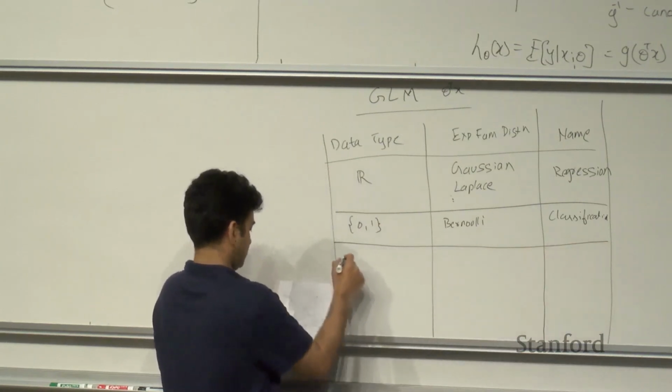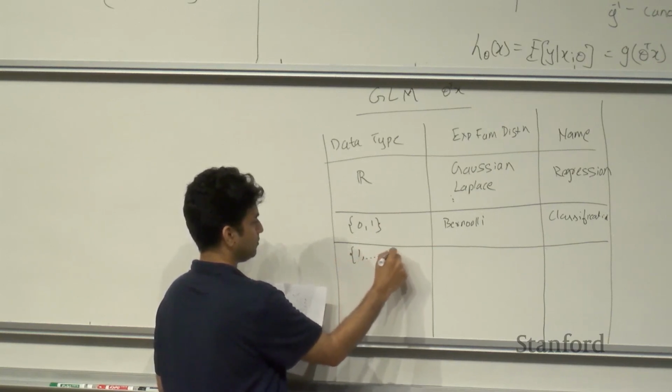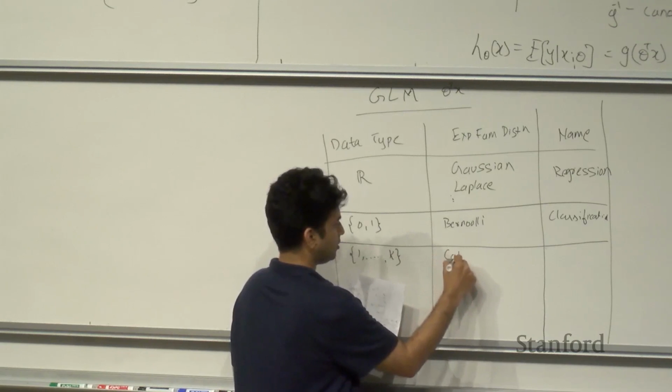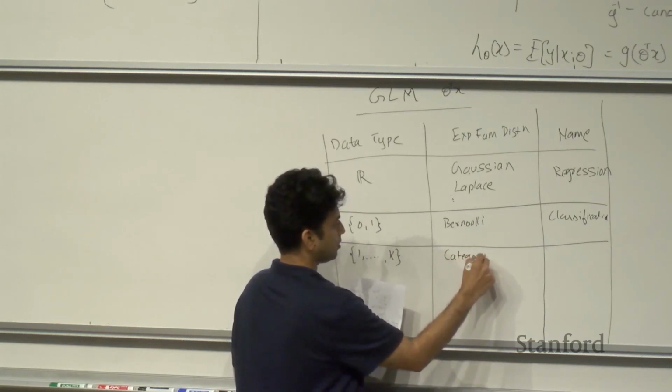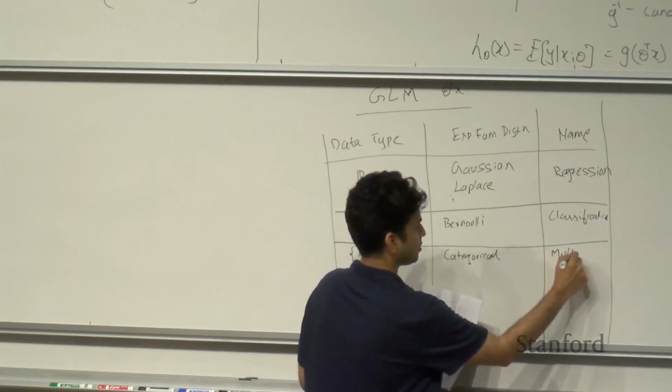Now, it could be 1 through k, and here it can be a categorical distribution, and we call that multi-class classification.